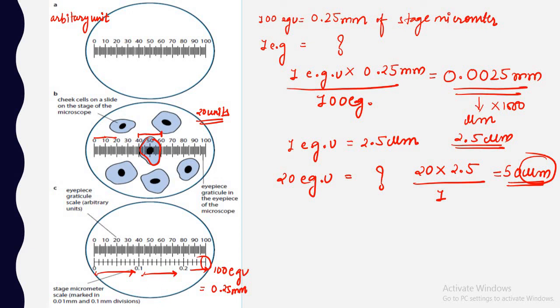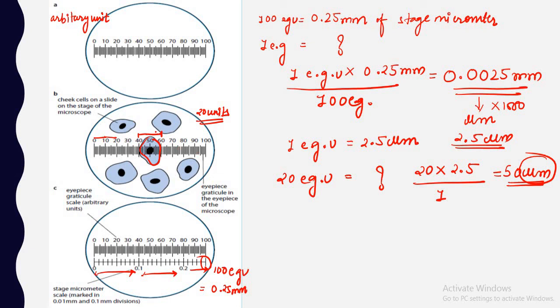So first check your measurement of the cell, then calibrate it. Check how many eyepiece divisions match your stage micrometer division. Note it down that if 100 eyepiece graticule units is 0.25, then one eyepiece graticule unit will be how much? Whenever you find it out, then convert the units into micrometers.